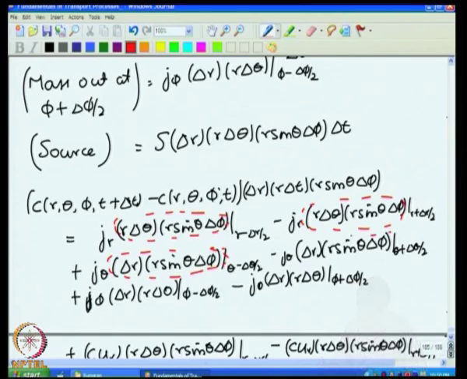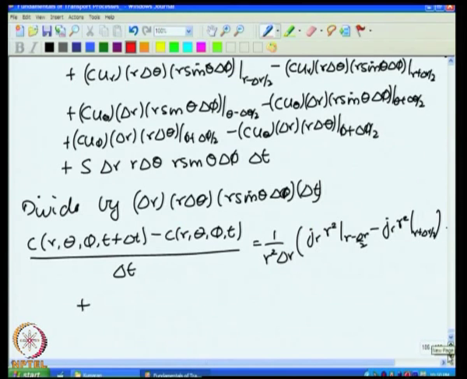So, when I divide throughout by delta r delta theta and r sin theta delta phi, the sin theta factor has to remain, because you are taking the fluxes at two different values of theta. Therefore, sin theta changes. Okay. R does not change and phi does not change. So, I can cancel out delta r and delta phi in these two equations, but sin theta has to be included within the derivative. Okay.